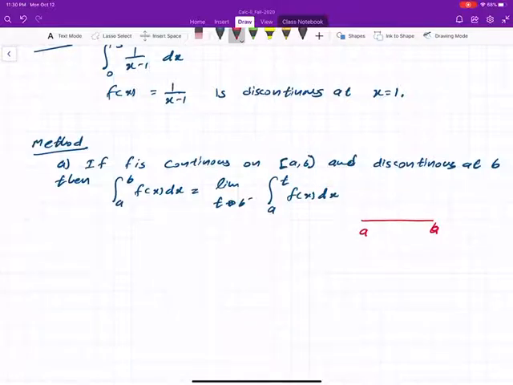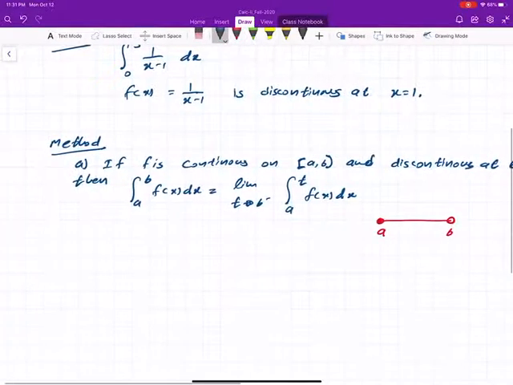You can color b if you mark points, because it is discontinuous at b.